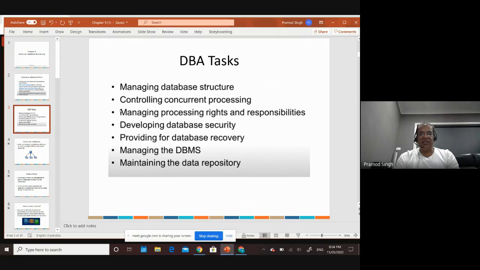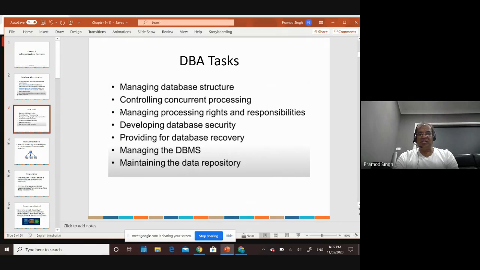The first activity is managing database structure. In any organization, the database keeps changing based on the requirements of the organization, and the change of the structure of the database is managed by the DBA. In a multi-user environment, concurrency is a quite important aspect, so controlling concurrent processes is also an important activity.